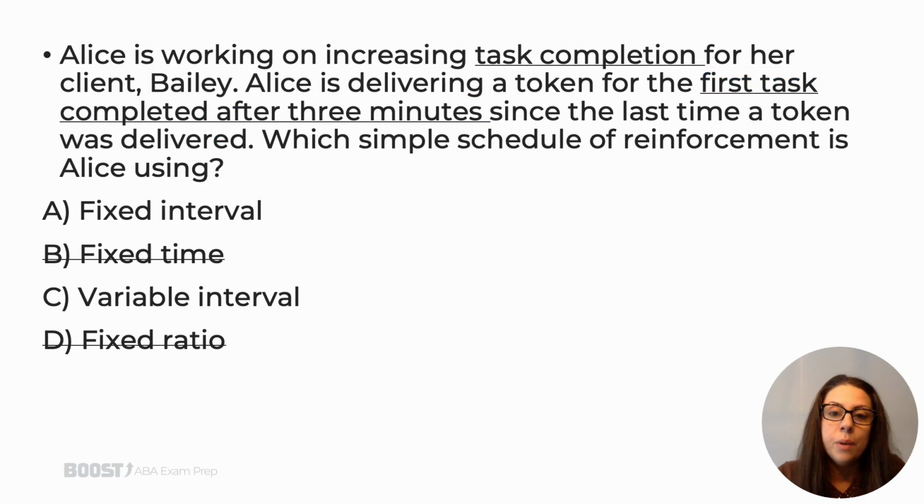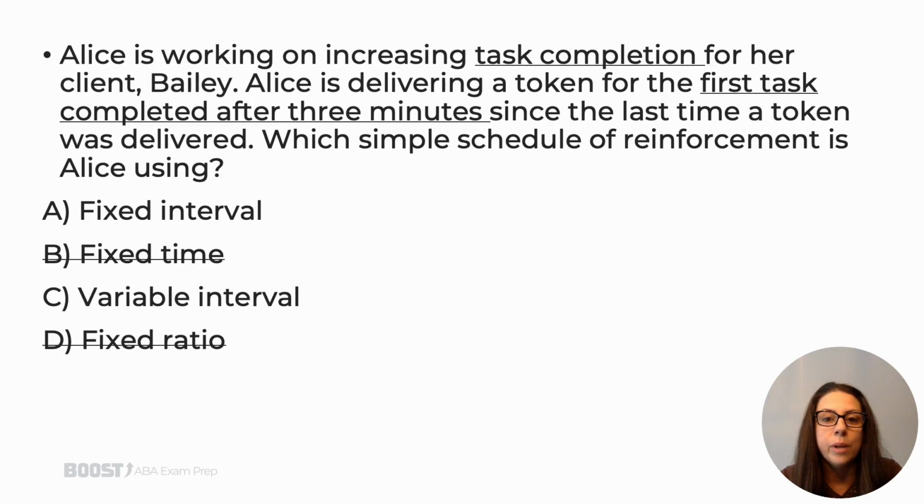Since both components are relevant, I'm going to eliminate any schedules that only require one component. Why am I so confident in eliminating these answer choices? Well, we know that time-based schedules have no response requirement, only time. So we'll get rid of fixed time. And we know that ratio schedules are based solely on meeting a response requirement, no time.